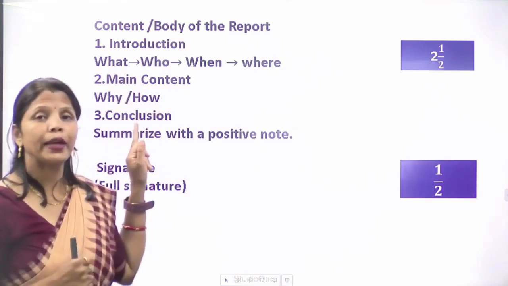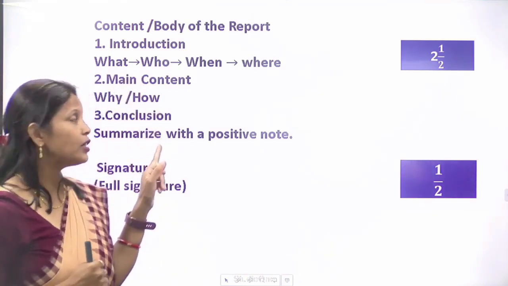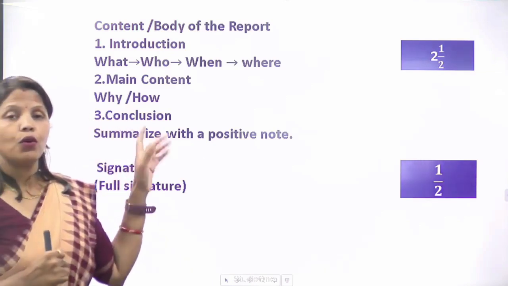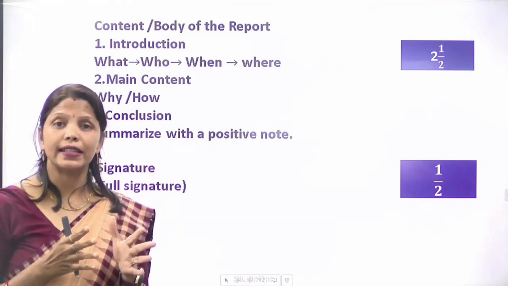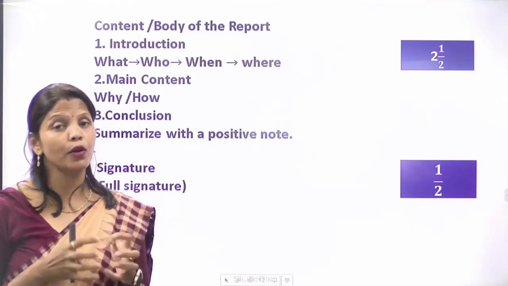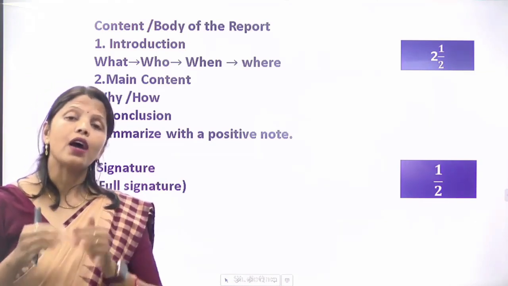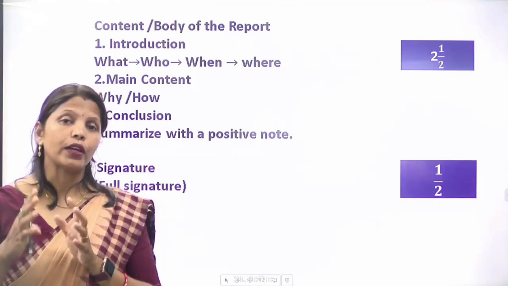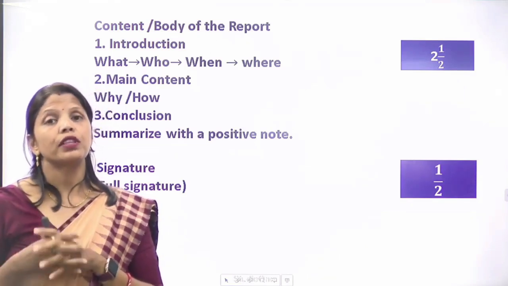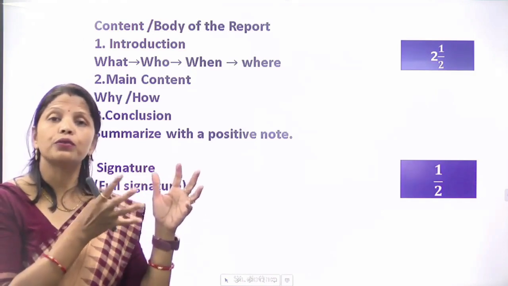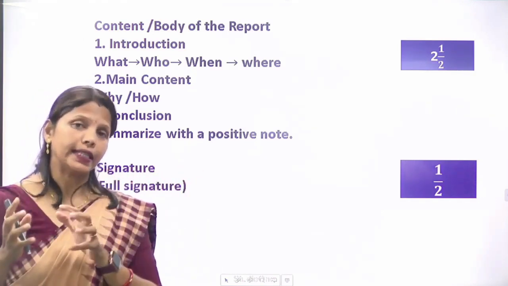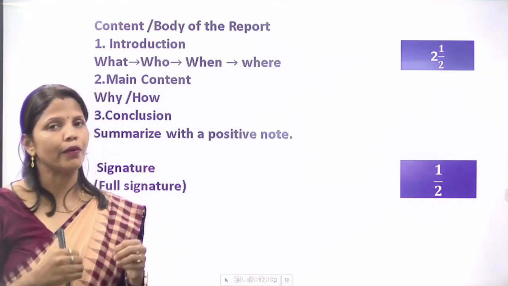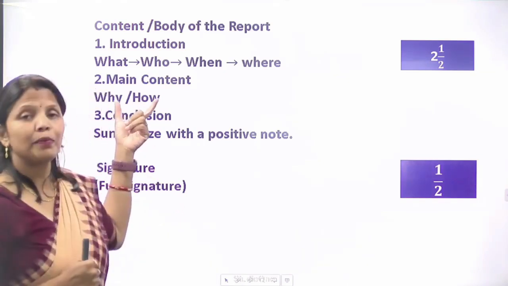Then come to main content. What will be written in main content? Why and how. Why the incident happened. If we are writing about some incident, why the incident happened. Why the incident occurred. Okay, or how it was happened. How the incident happened. If we are writing about some event, how the event was going on. How the event was taking place, what was happening, we have to write in details in main content.